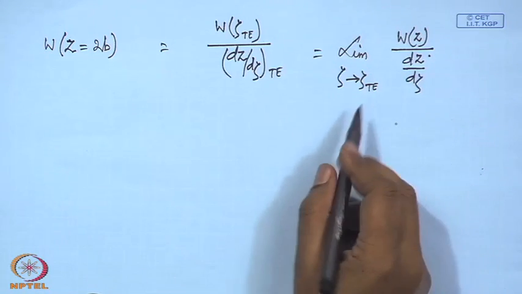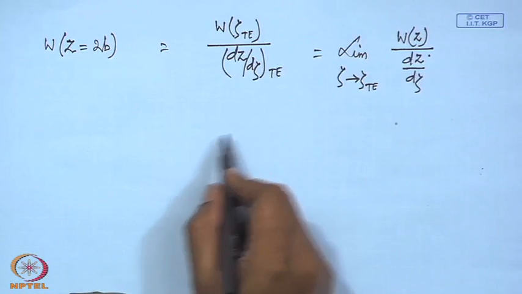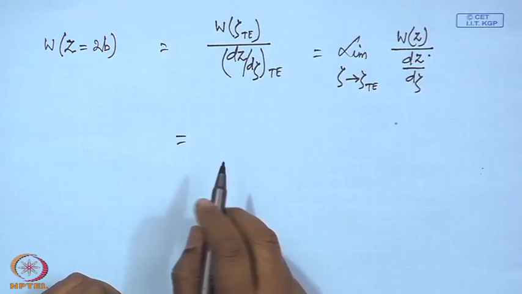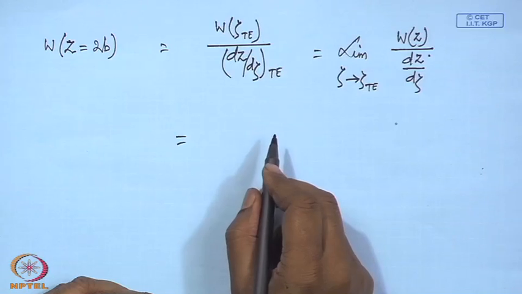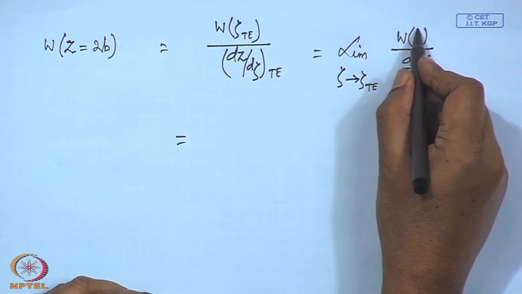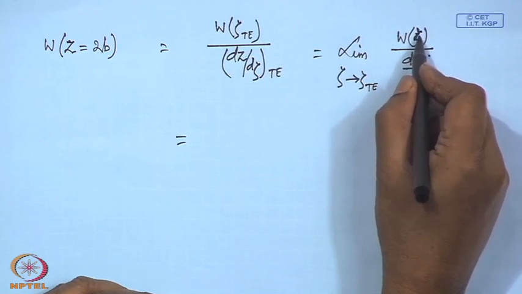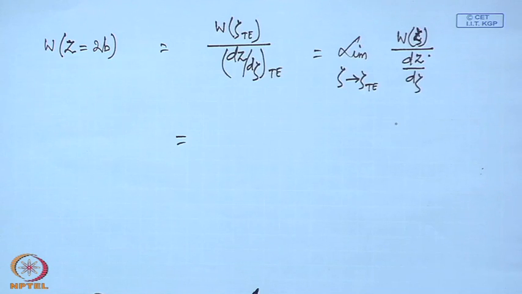And this will be what? Oh, W, sorry, W. How to find the limit then? It is known to you.